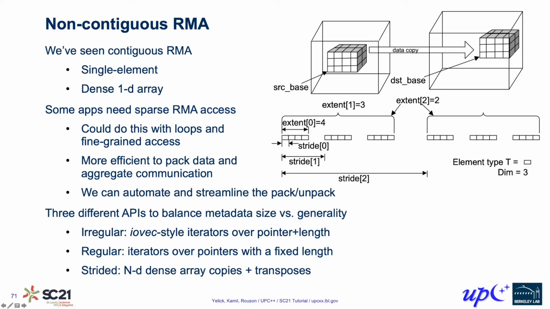And finally, we have strided for something like a Jacobi ghost cell exchange, where we have a rectangular slice of a dense multidimensional array. So again, we're trading off generality for the amount of metadata and the amount of overhead required to do the packing and unpacking operation. Once we make a choice of which of these 3 interfaces to use, we're relying on the UPC++ library to figure out the best way to do the transfer.